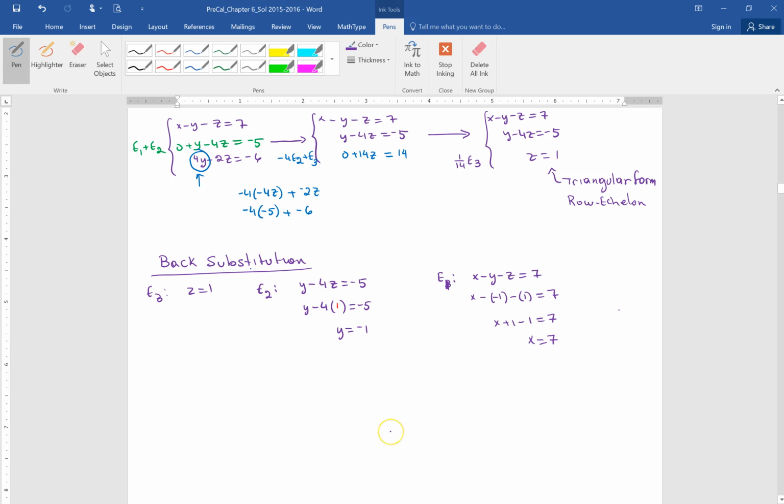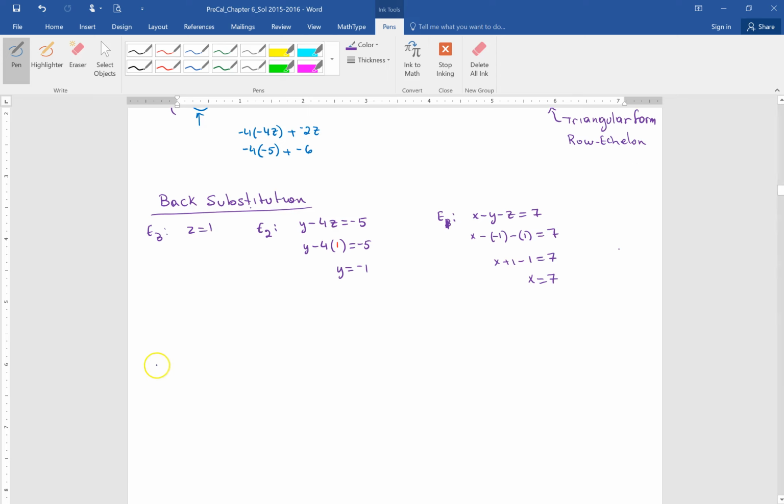Now, what have we found? I have 3 equations. If you have an equation with just an x and a y, it's a line, right? Well, if you have an equation with an x, a y, and a z, 3 variables, that's the equation for a plane.